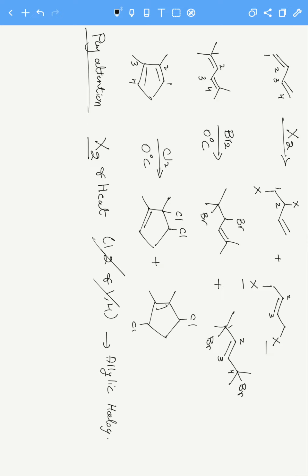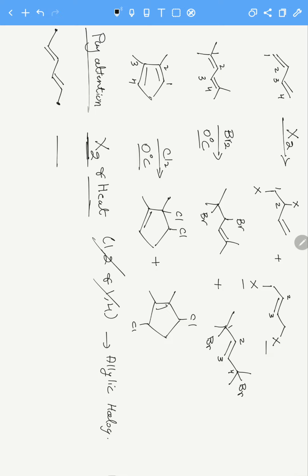So when does this happen? This happens if you have a conjugated diene with an allylic position that has a hydrogen, such as in this case. And this should only be if you have X2 and heat. So at low temperatures, this doesn't work.